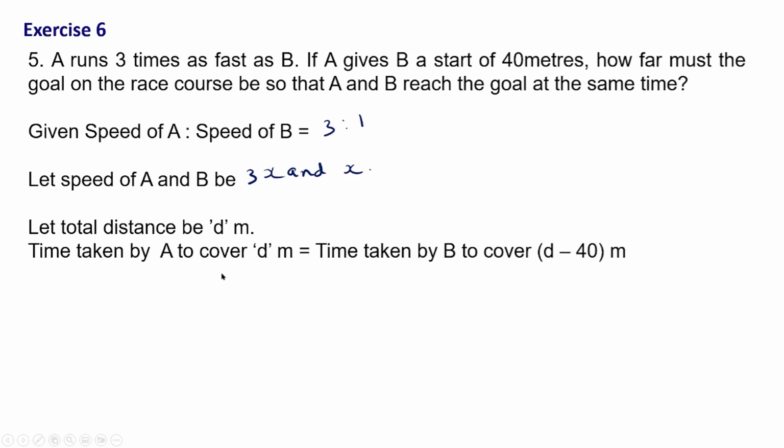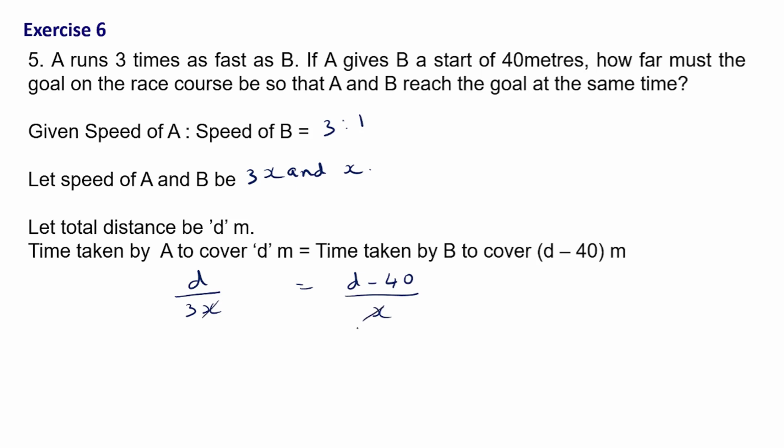Time taken by A to cover d meters is distance by speed. So it is d by 3x. This is equal to time taken by B to cover d minus 40 meters. So here it is distance by speed of B, and speed of B is x.